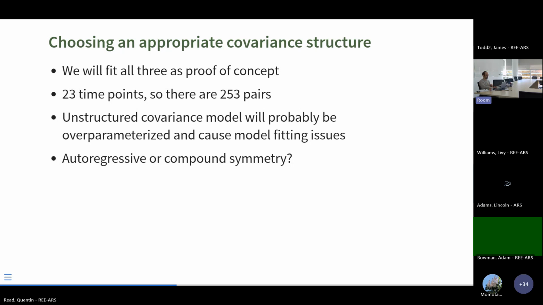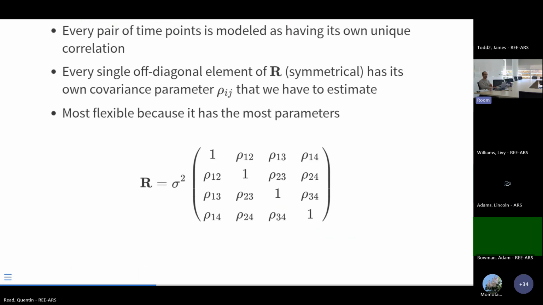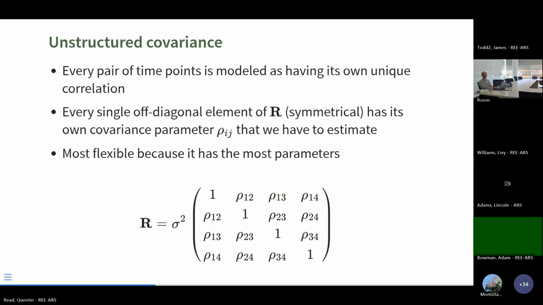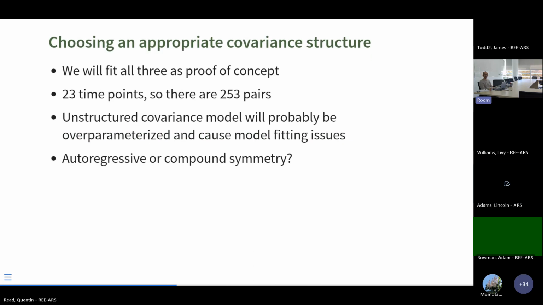because the unstructured matrix isn't too bad if you've only got 4 time points. It's got 6 parameters, but we've got 23 time points. So 23 choose 2, there are 253 parameters that you have to estimate. That's way too many for our data, which only has 600 data points.